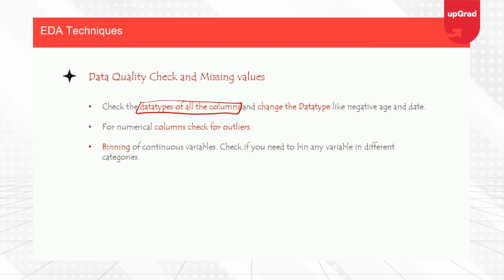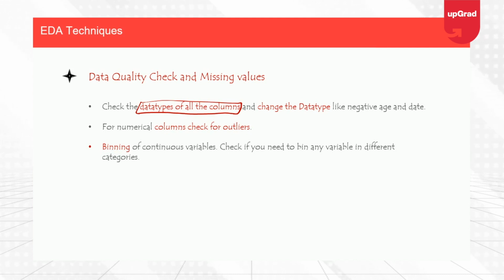Generally it has been observed that, let's say, the datetime columns are loaded as object types or string types. So what we are supposed to do is convert the columns into their appropriate data type. So let's say if the column is datetime and it has been loaded as an object, we are supposed to convert it into datetime.